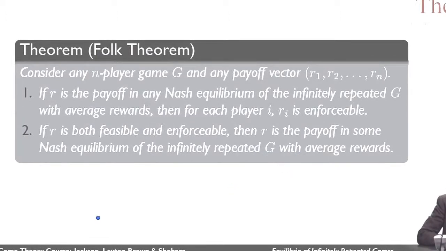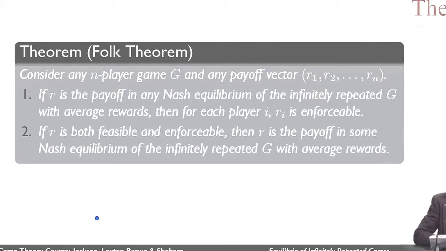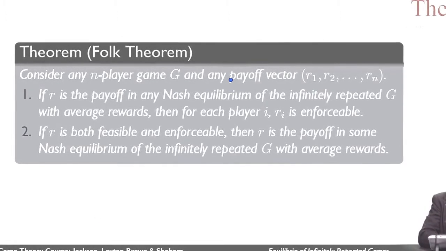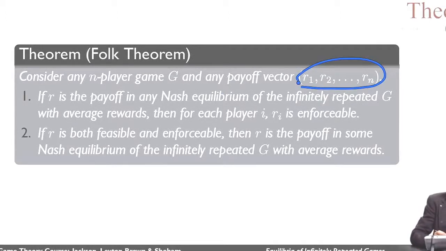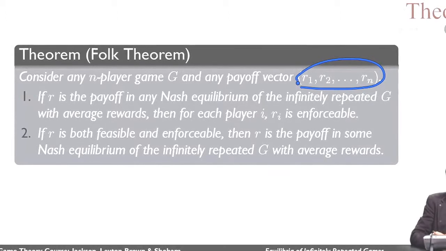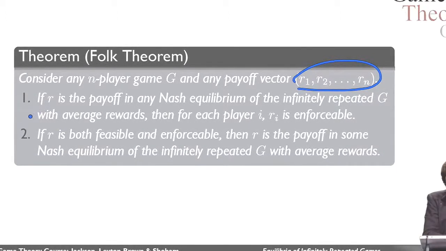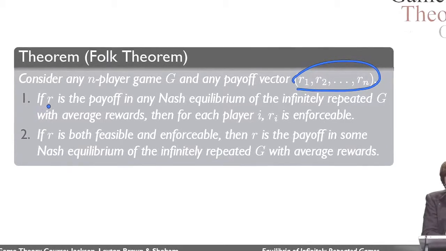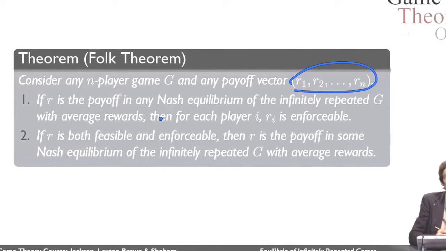So the folk theorem says that in any n-player game, which we're going to repeat infinitely, and for any payoff vector R1 to Rn, just like we've been talking about, first of all, we're going to talk about the case where R is the payoff in a Nash equilibrium of the infinitely repeated game with average rewards, what we can conclude about the payoff vector.